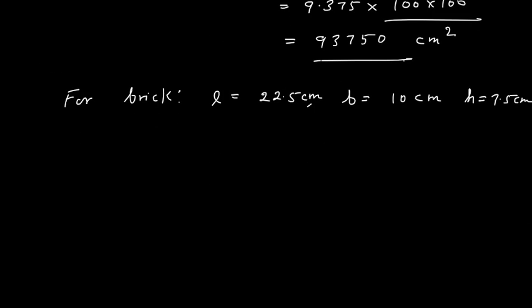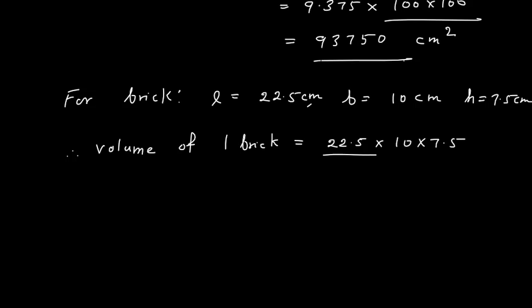So, therefore, volume of one brick, I will say, will be 22.5 into 10 into 7.5. I am not going to multiply them because maybe most of the terms will cancel. This is volume of one brick.